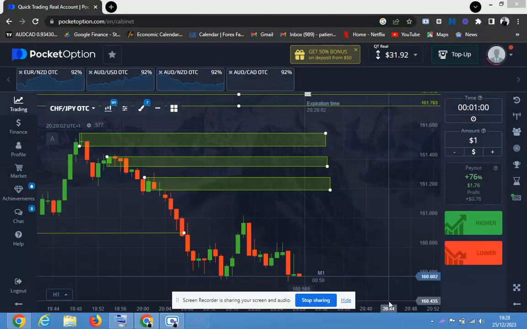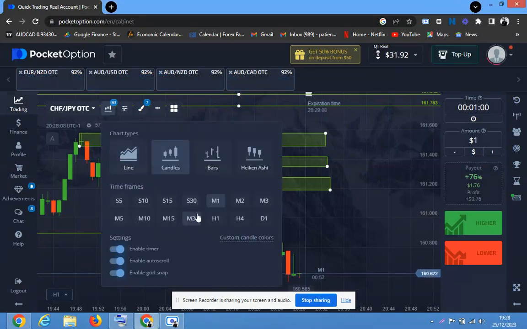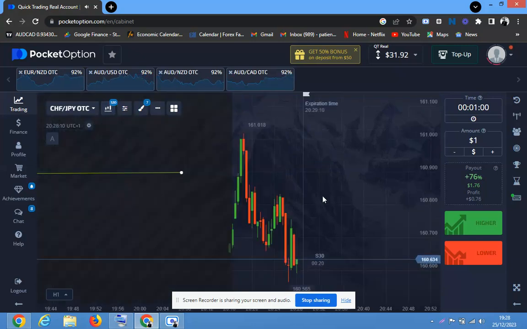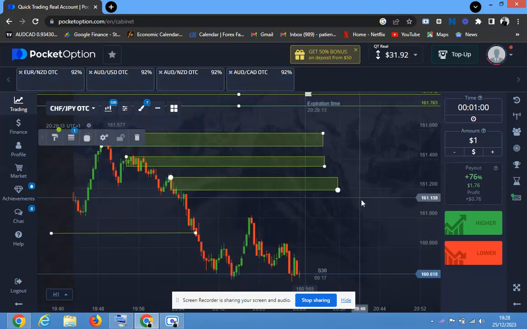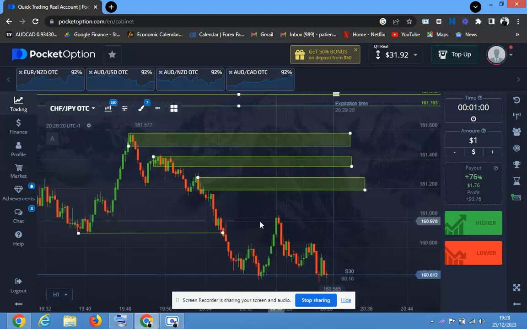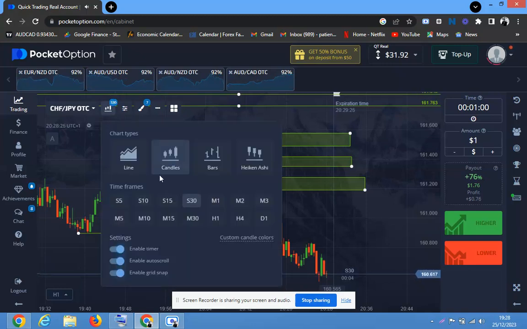What I mean by hidden supply and demand is, if you look at, let's say, 30 seconds, what we have here is a small green candle, that is the order block.